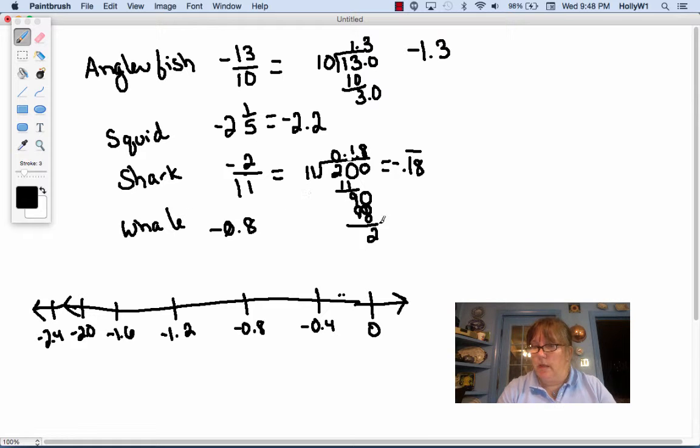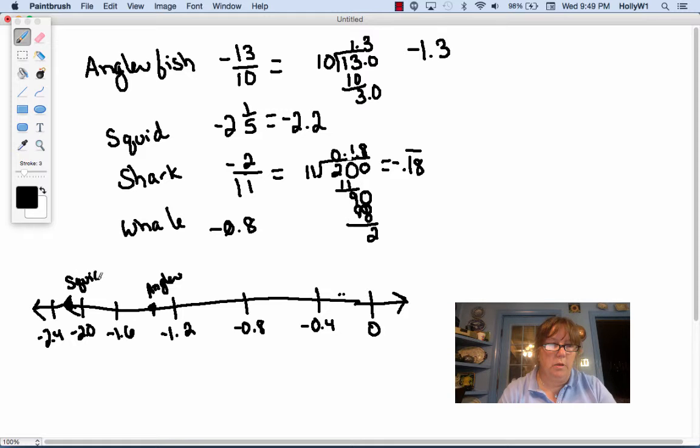Okay, so now we can start labeling this. Our anglerfish is at negative 1.3, so 1.3 ends up being somewhere here. So this is our anglerfish. And then we have our squid, which is at negative 2.2, which is probably out here somewhere.